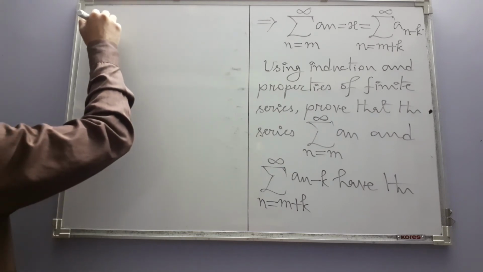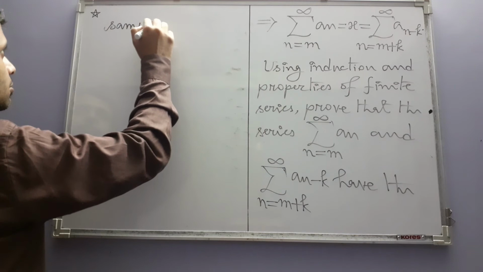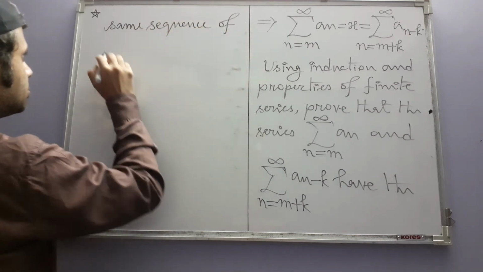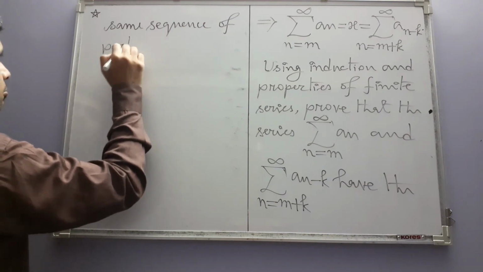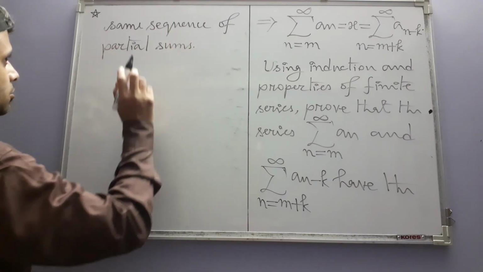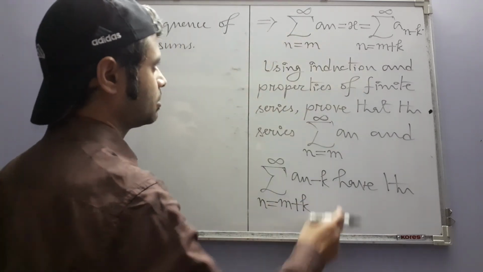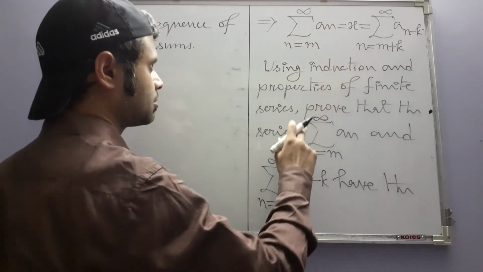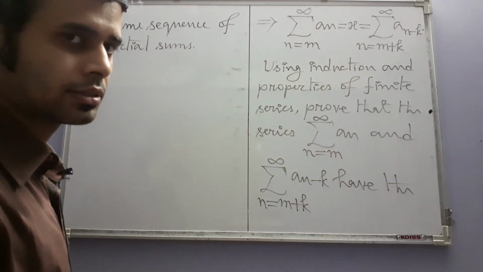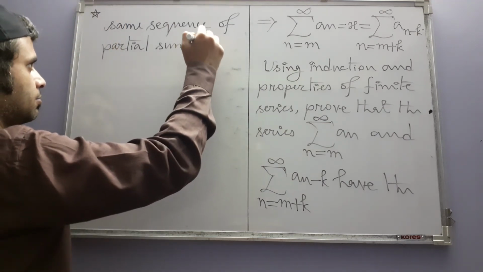So because the given one is convergent and has the sum x, the other one will also be convergent automatically and will have the exact same sum. So I just end things here.